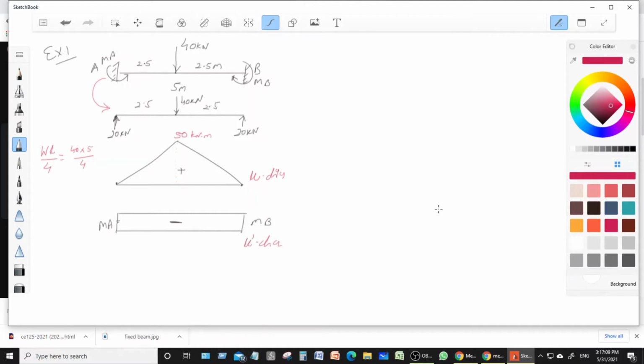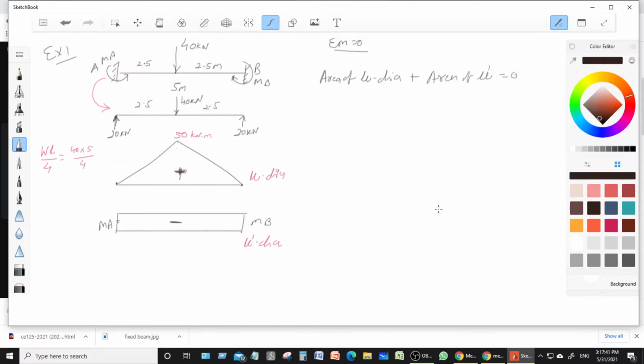Now we know that according to sigma M is equal to 0, the algebraic sum of the positive moment and negative moment is always going to be 0. So the area of the Mu diagram plus the area of the Mu dash diagram will be 0, right?